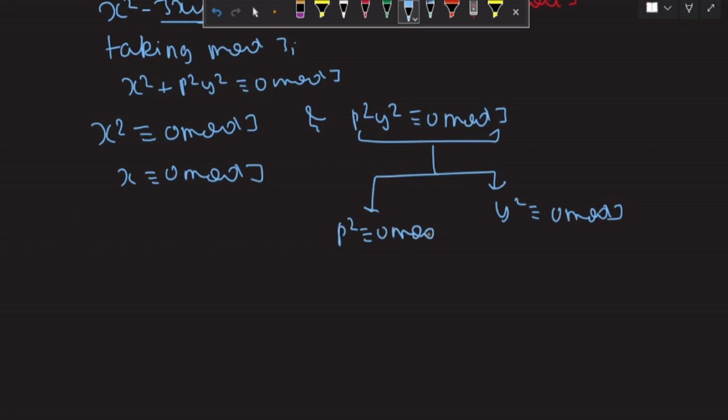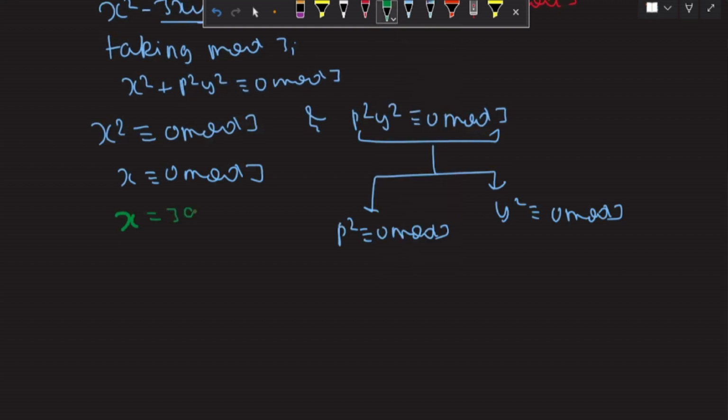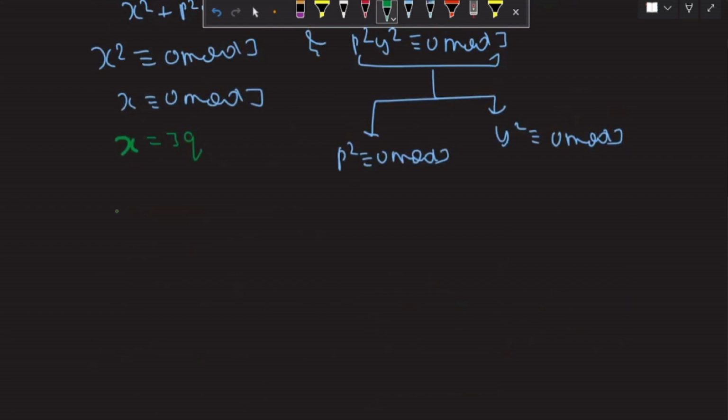Since the x is equal to 0 mod 3 case is common for both, let's just substitute x is equal to 3q in the original equation. So we get 9q square minus 9qy plus p square y square is equal to 12p.